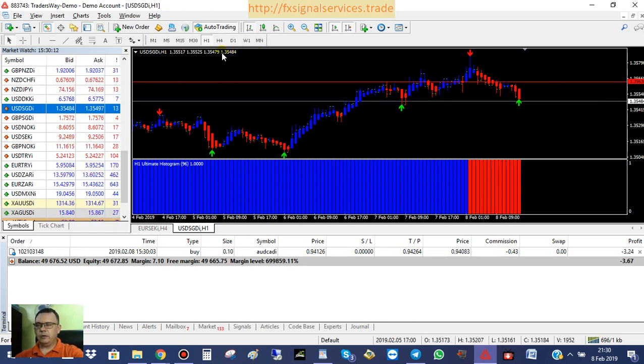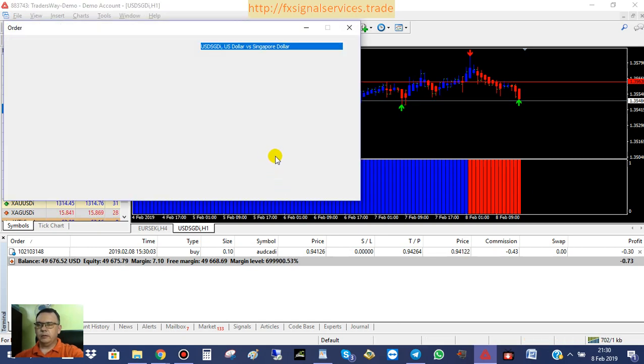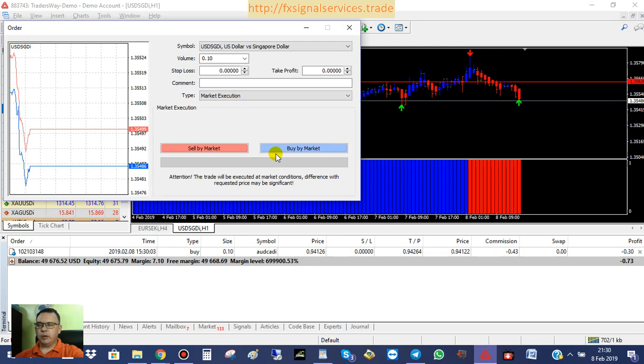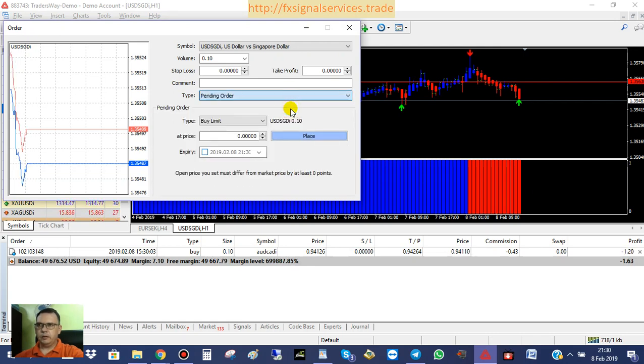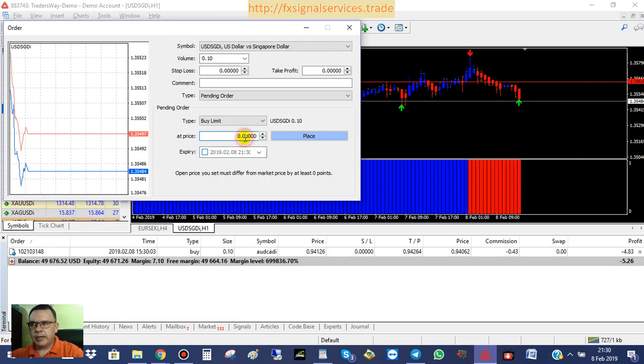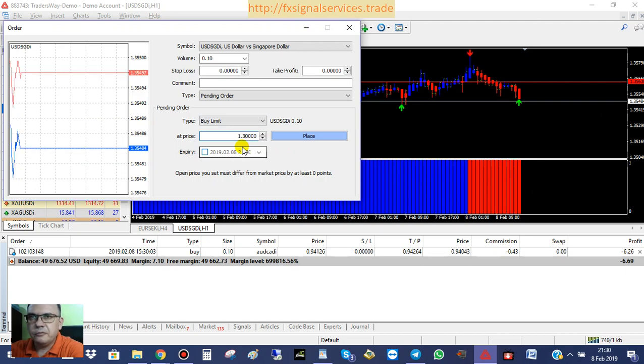What I'm going to do now is go to new order right here, then come down where it says market execution and choose pending order. Then make sure you have buy limit selected right here. Then for the at price, type in the number on the red horizontal line right here, which happens to be 1.35638.